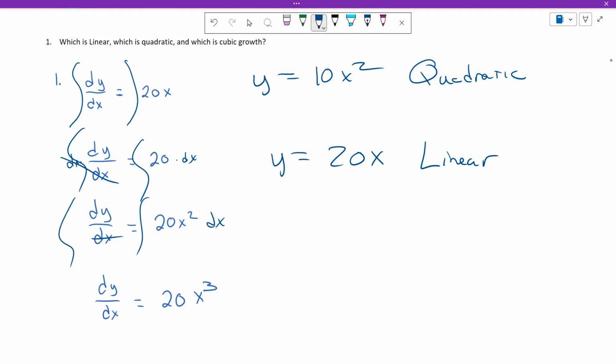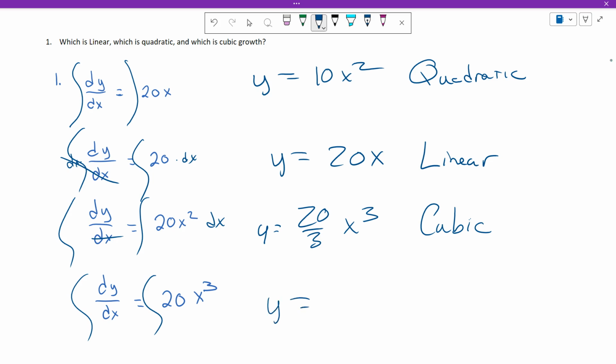Integrate. Y equals 20 thirds x cubed. That is cubic. Y equals 5x to the fourth. That's quartic.